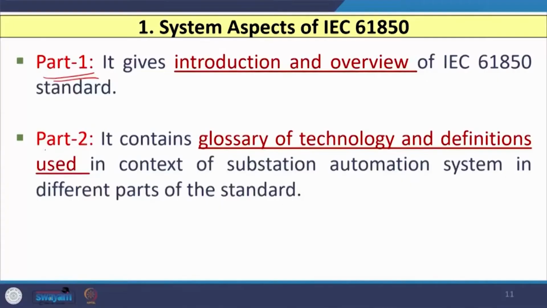In part 2 of system aspects, it contains a glossary of technology and definitions used in context of the substation automation system in different parts of the IEC 61850 standard. This is mentioned in part 2.